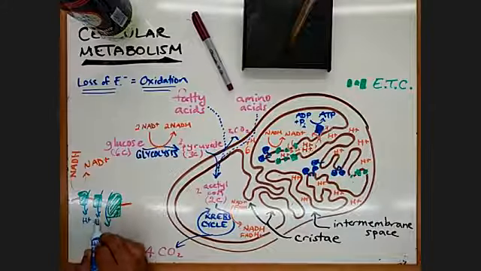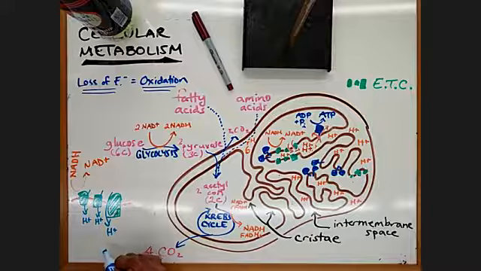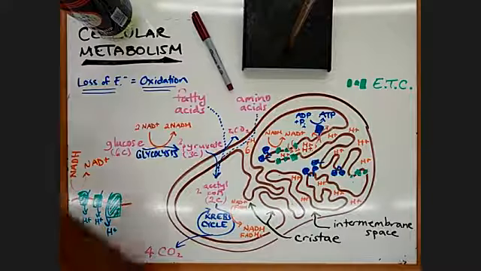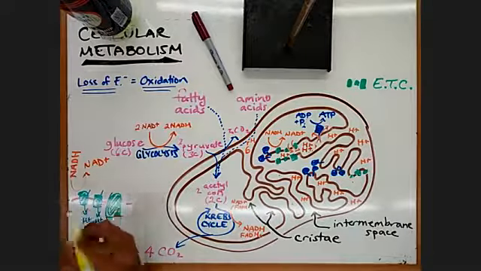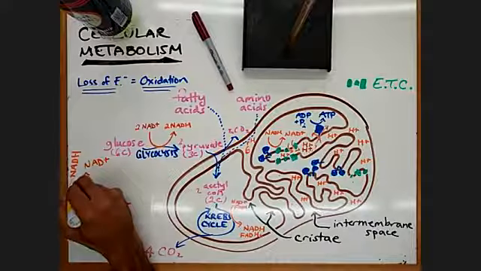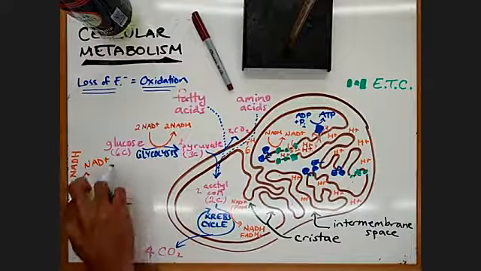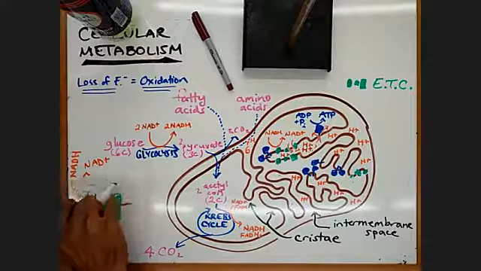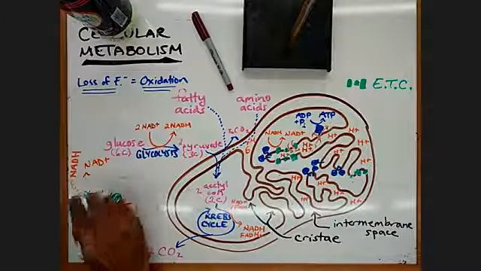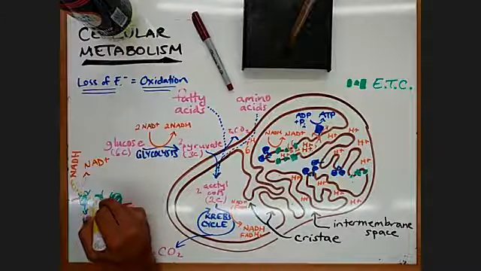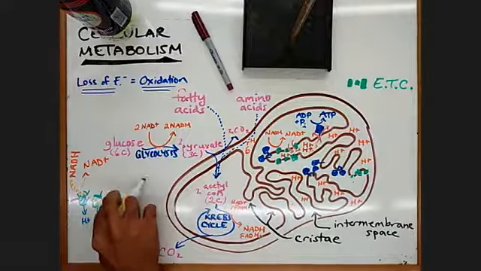Protons get flung into the intermembrane space. And if I was going to draw the location of the electrons, I'm going to use a terrible yellow marker here just to show you where they're going. Going from NADH to component 1, then they are passed to component 2, and then they are passed to component 3.